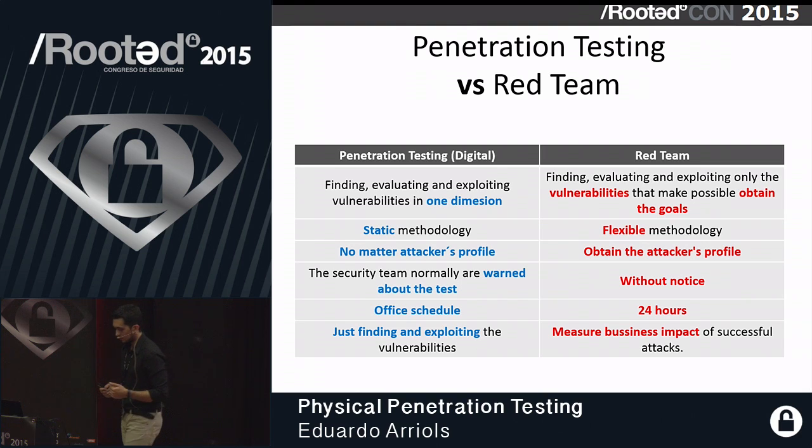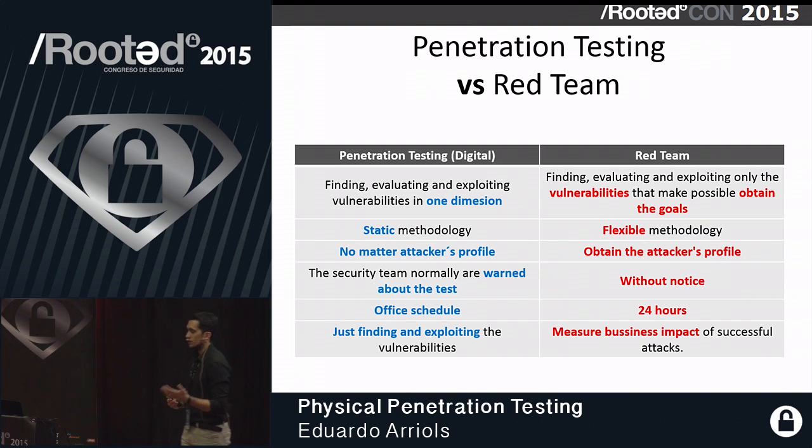Some characteristics, some differences. Penetration testing often takes place in one dimension, often digital, and the Red Team works on all the dimensions. The Red Team is more flexible. There are methodologies and cases may change from one company to another, but in a Red Team exercise, in some cases you only do physical intrusion, but then you may move on from digital to physical.